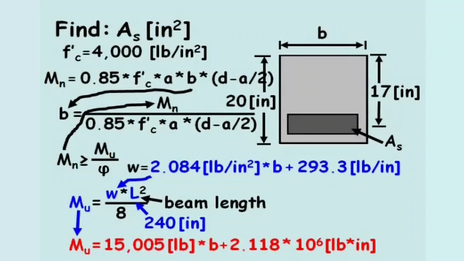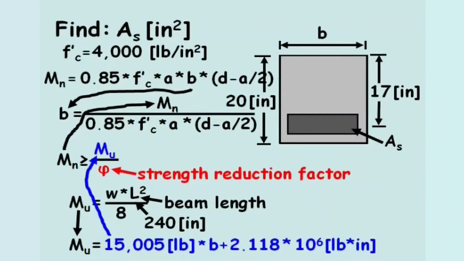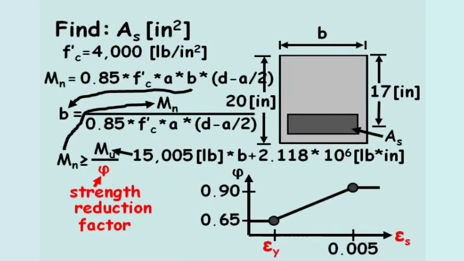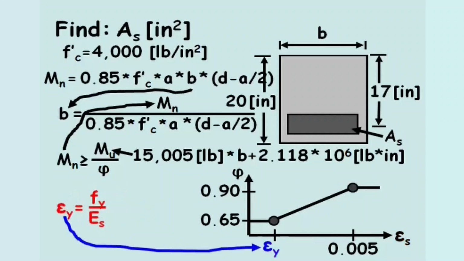Next, we'll plug in the ultimate moment, or Mu, and solve for the strength reduction factor, phi. The strength reduction factor is a function of the strain in the steel, epsilon s, and the yield strain in the steel, epsilon y. The yield strain in the steel equals the yield stress in the steel divided by the Young's modulus of the steel.